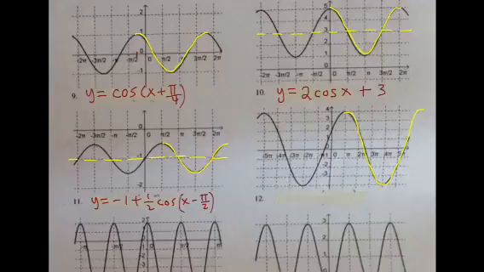Okay? For number 12, the amplitude is 4. And there is no vertical translation, and there's no reflection, so I could put 4 cosine. The period for this, now it's hard, let me point it out. You don't know exactly where it lands just by looking at this mark.